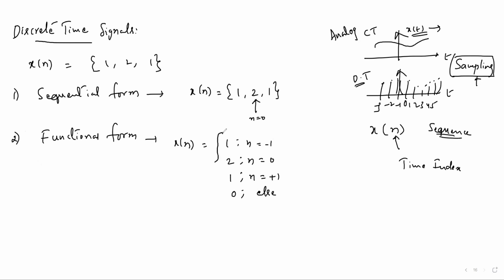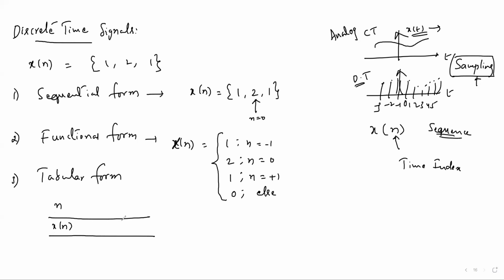Like this, as a function, we represent the signal x of n. The third form is tabular form. As a table, we will represent the signal here. N values and x of n values we will take in separate rows.